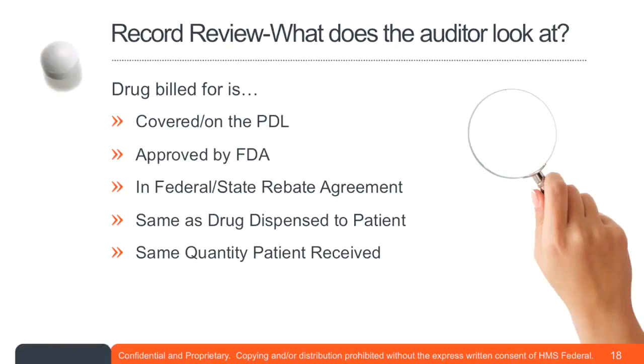The drugs that are in the agreement are listed on the state Medicaid website or the federal Medicaid website. So it's important that the drugs you bill for are not only covered as a preferred drug and FDA approved, but they also must be within that federal manufacturer rebate agreement.